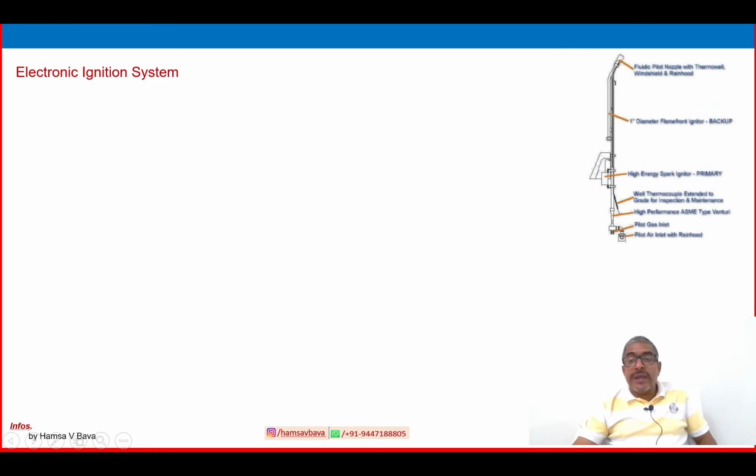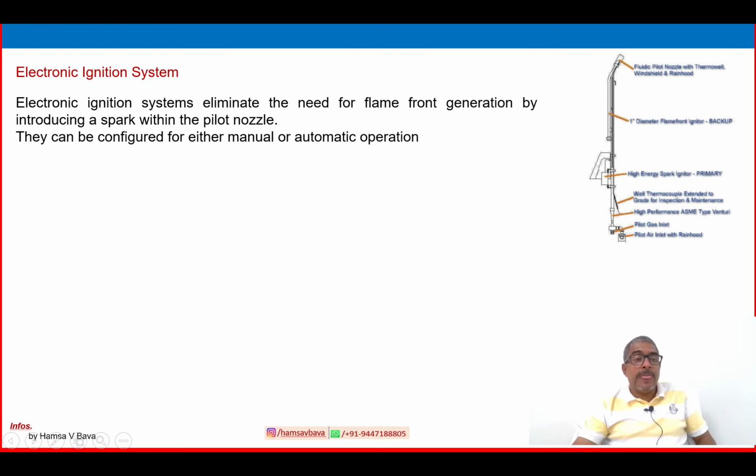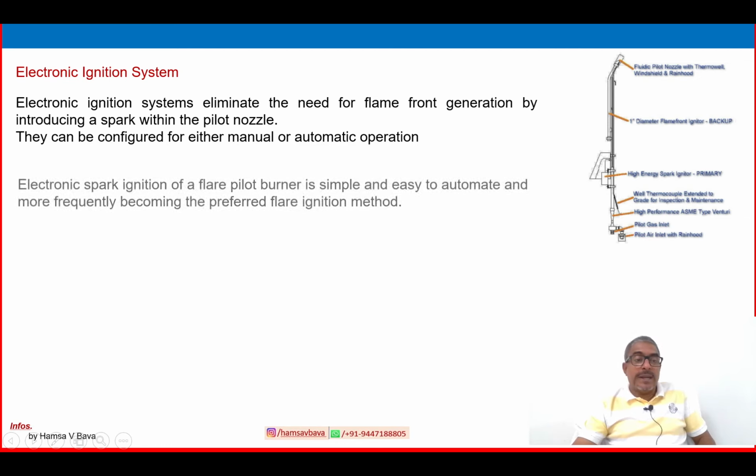Another one is the electronic ignition system. There is no flame front generator. We make a spark from the bottom, and it will ignite at the flare tip or pilot flare. Electronic ignition systems eliminate the need for a flame front generator by introducing a spark within the pilot nozzle. They can be configured for either manual or automatic operation.